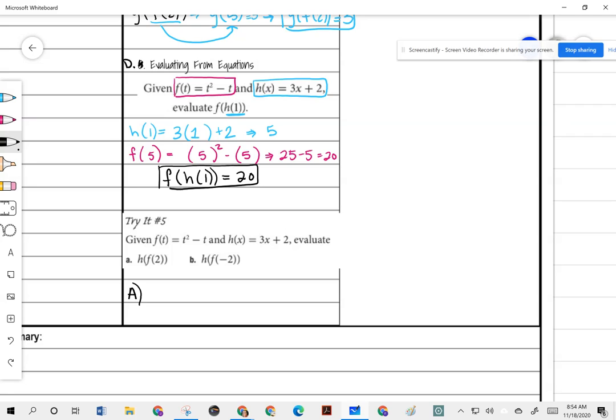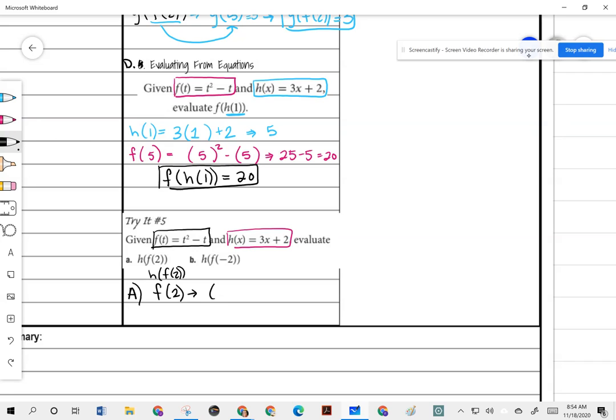And on A, let's take a look. Let's look at h of f of 2. So f of 2, because remember we're asked to do this, right? So f of 2 is going to give me, again, we want to make sure that we highlight your functions. Make sure you're plugging it into the right function.